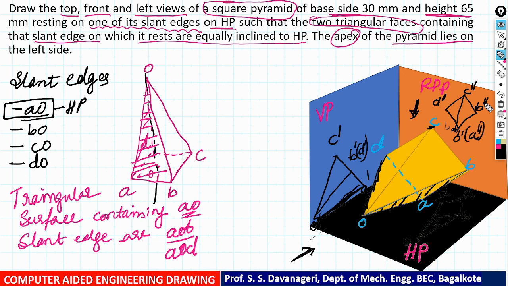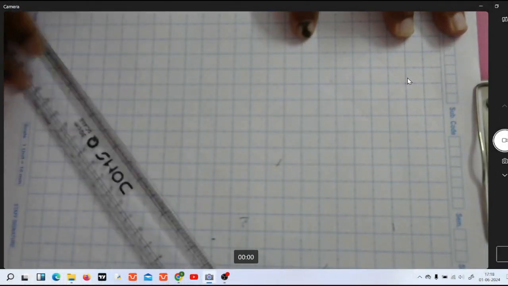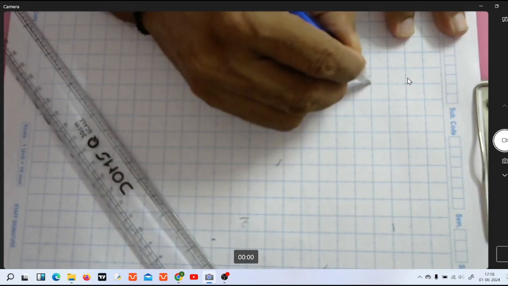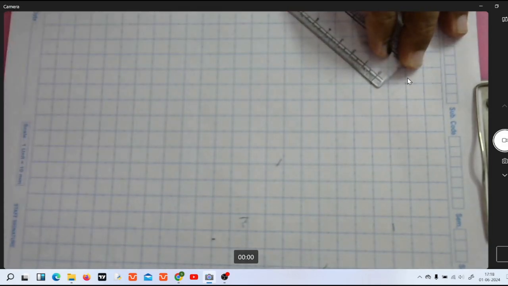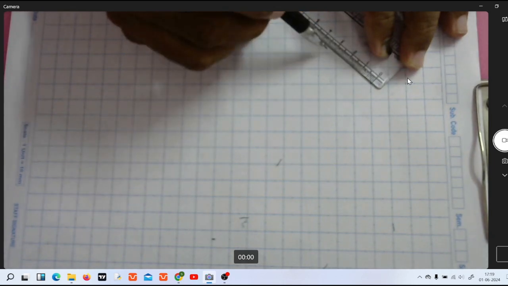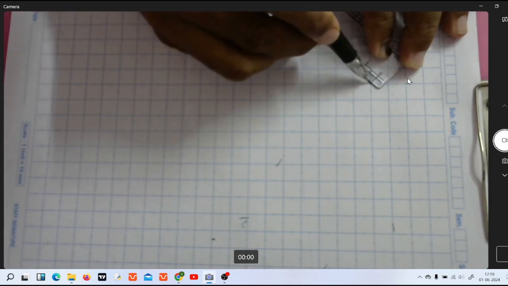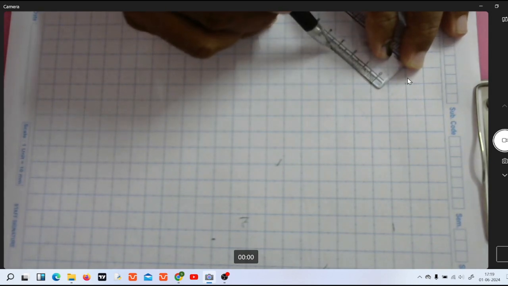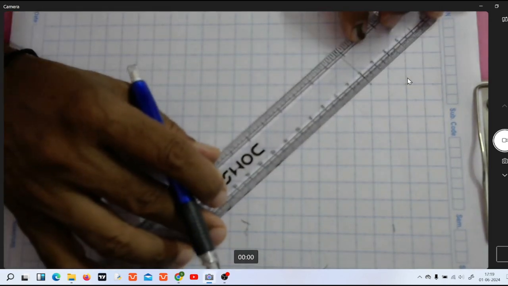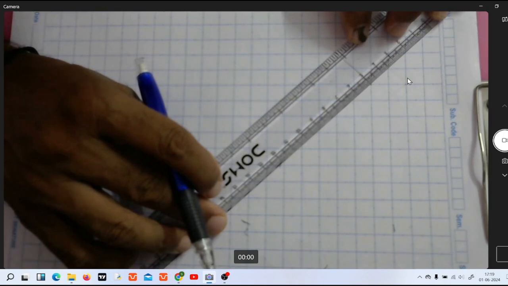Now let us observe the manual solution in the sketchbook. Let us refer to a corner point here, or else you can refer to vertical corner points. From this corner point, at 45 degrees, I am going to draw a line of length 30 mm. Similarly, from the left side also I am going to draw a 30 mm line.